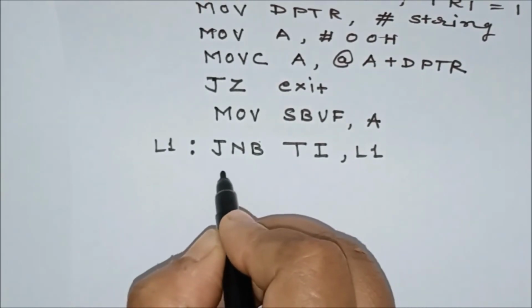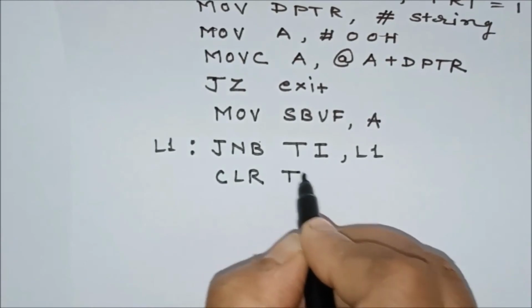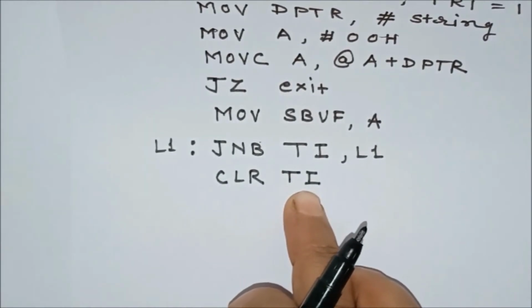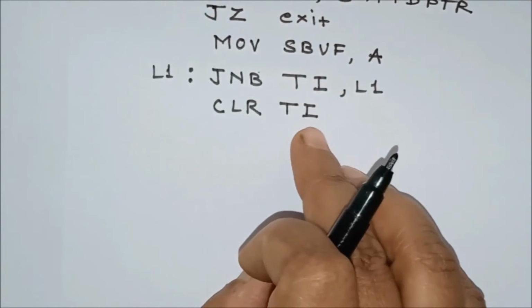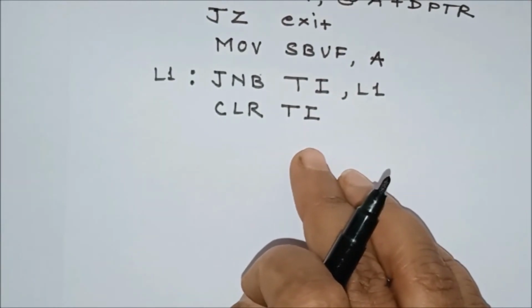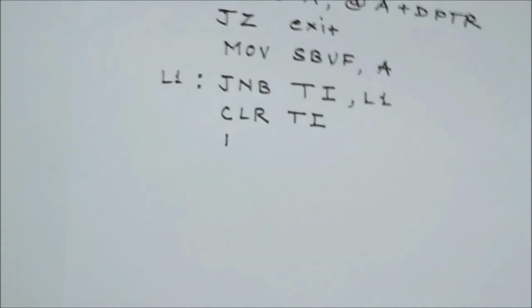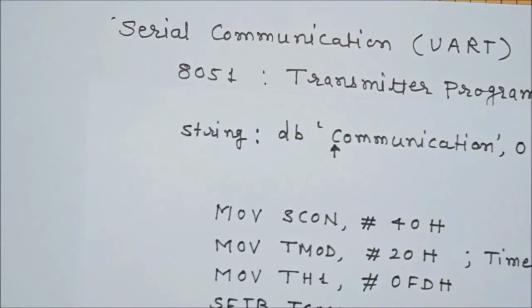In the next instruction, since one character is transmitted, we want to transmit the next character. So for that we'll clear the TI bit, so that next time the controller is able to set this bit. Now we want the pointer to point to the next character till it becomes the end of string.